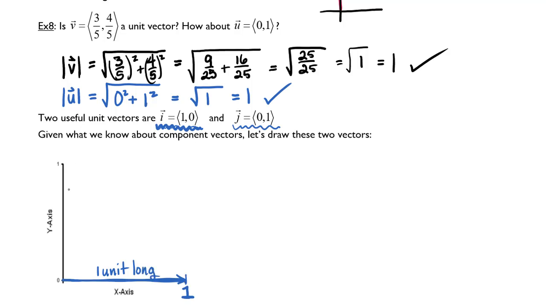Now we're going to take j. This has 0 change in the x direction and a whole unit of rise in the y direction. It's also 1 unit long.